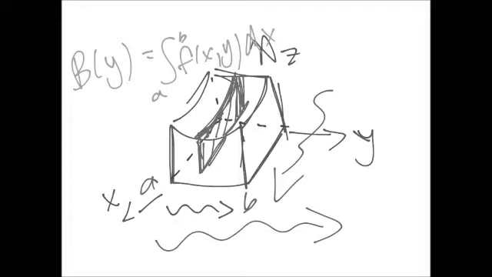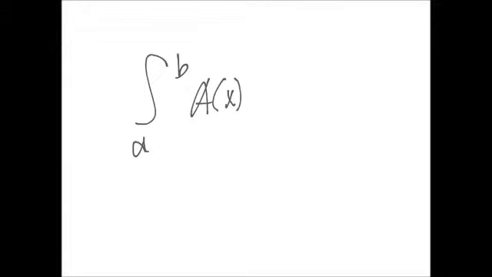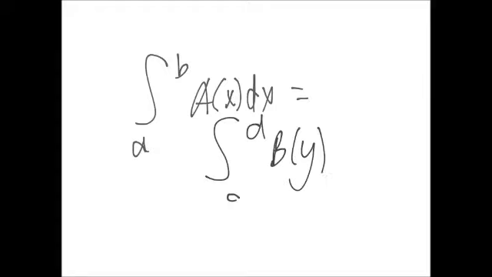So if we accept that A of x and B of y are the same, what we should get then is that the integral from a to b of A of x dx, which is the single variable volume, equals the integral from c to d of B of y dy.